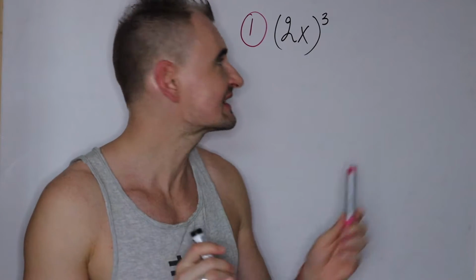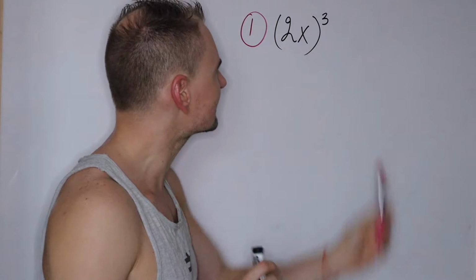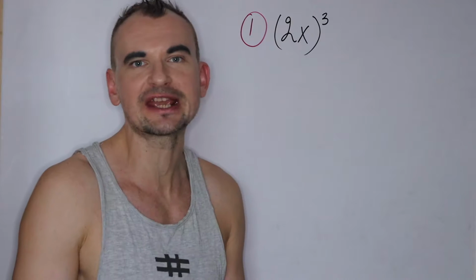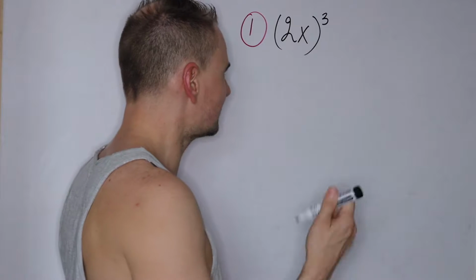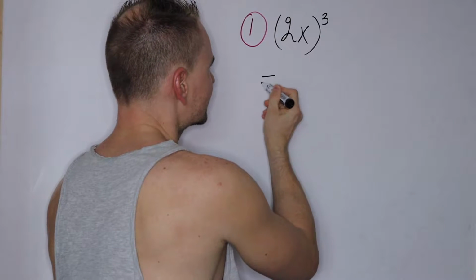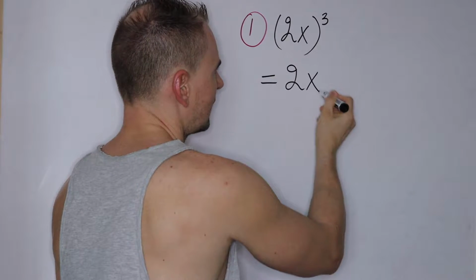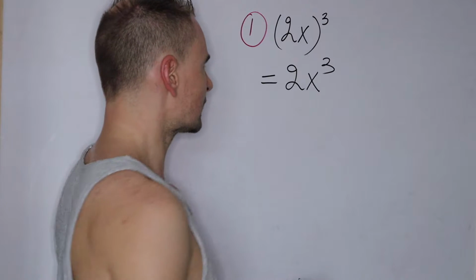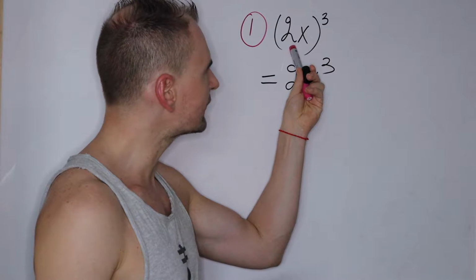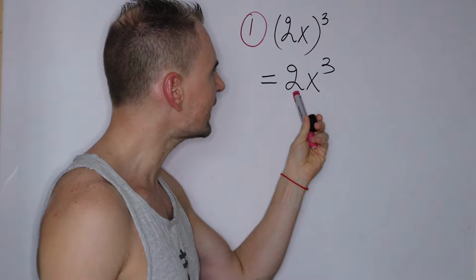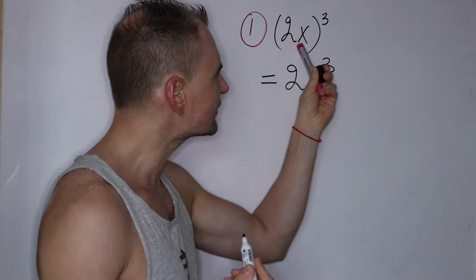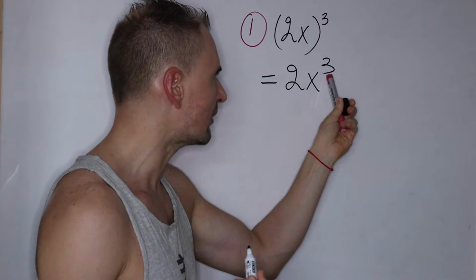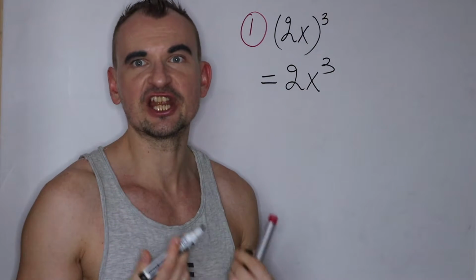The first one, say you have been given this expression and you need to raise it to the third power. Typically, what many people do, they just write something like this. They write this coefficient 2 in front of x, leave it as is, and raise x to the third power, which is basically wrong.